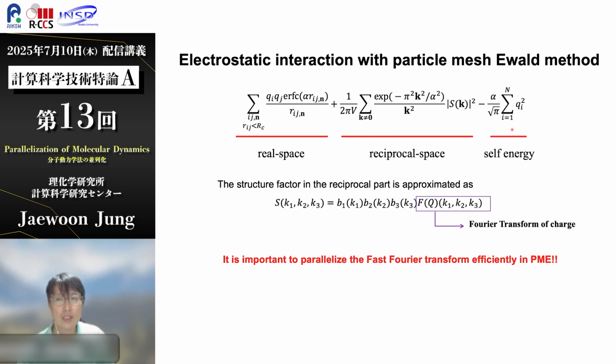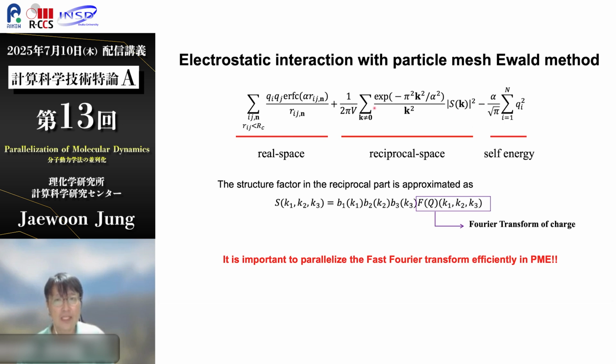Self energy term is just a constant. So you can just calculate it once initially, and then you don't need to calculate it again. So you can just remove it from the computational cost. For real space, we made use of domain decomposition, as shown in the previous slides.